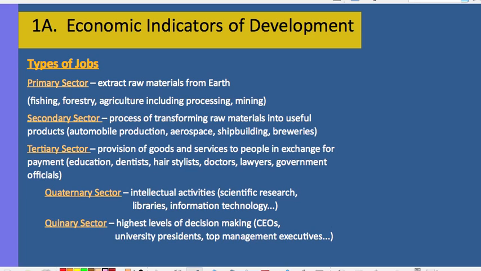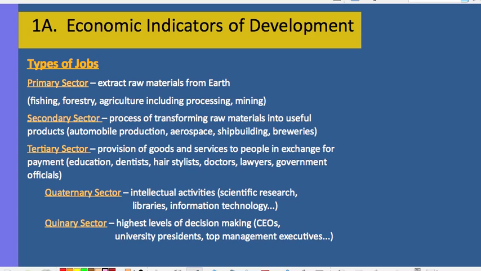Secondary sector jobs are where you take those raw materials and make something with them. This is industry, this is manufacturing. You are making something, like making a car, making a ship, or making a bottle of beer, making some clothing. All this is secondary. Tertiary sector is basically services. You're providing a service to the population.